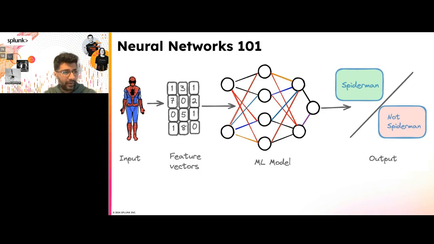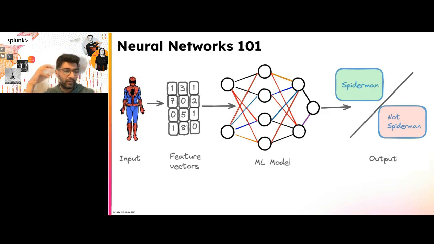Before we dive into generative AI techniques, let's cover some basics. In this example, we are training a neural network that classifies an image as a Spider-Man or not. The way it works is first we convert this image into a feature vector. In the case of images, it is three matrices containing RGB channel information. For simplicity, let's assume that it looks like a matrix containing certain values.